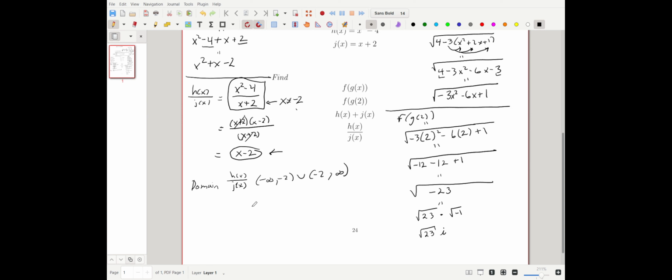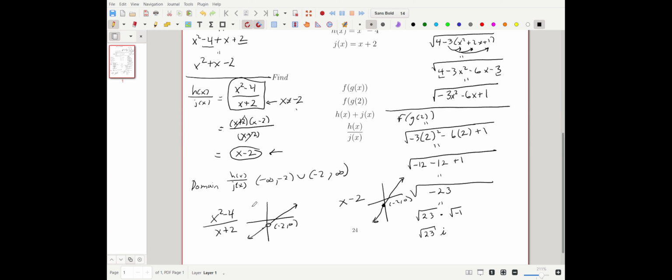And the difference between x squared minus 4 over x plus 2 and just x minus 2, really, if we were looking at the graph, it would just be that the first one has a hole right here at the point negative 2 comma 0, but x minus 2 doesn't. So that's the difference visually to kind of help you figure out what the difference between these two graphs is.